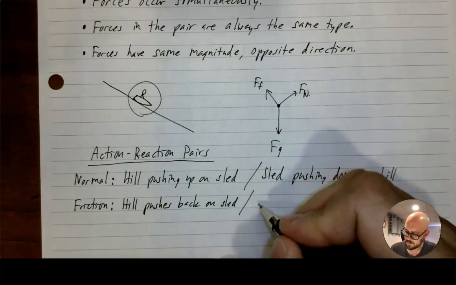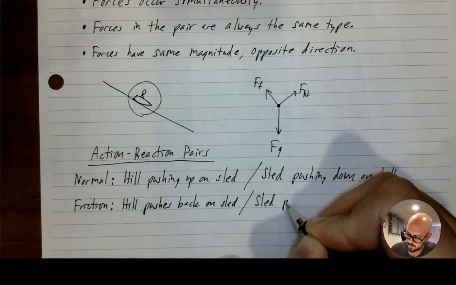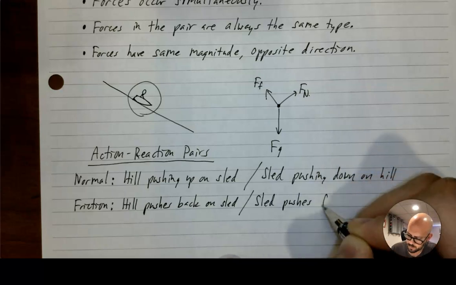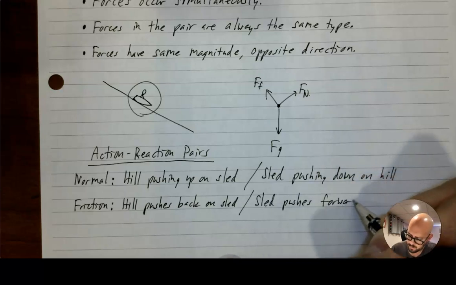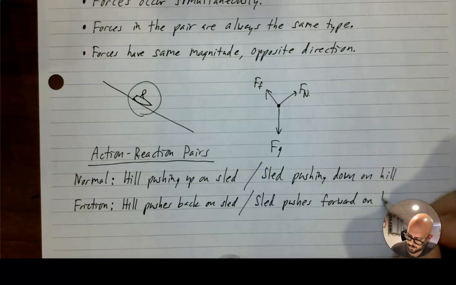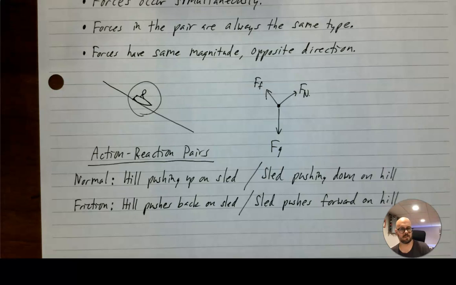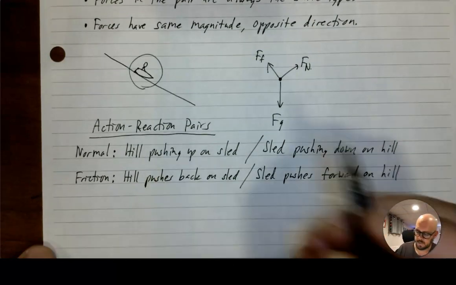Well, Newton's third law says that the sled pushes forward on the hill. So, in an extreme scenario, if this sled had enough mass, in theory, then this sled could pull the hill forward with enough of a net force on it, in theory.